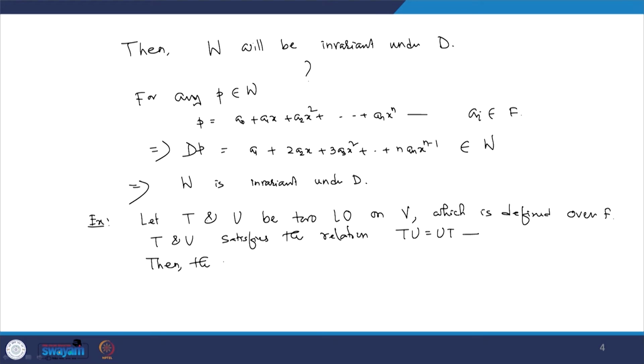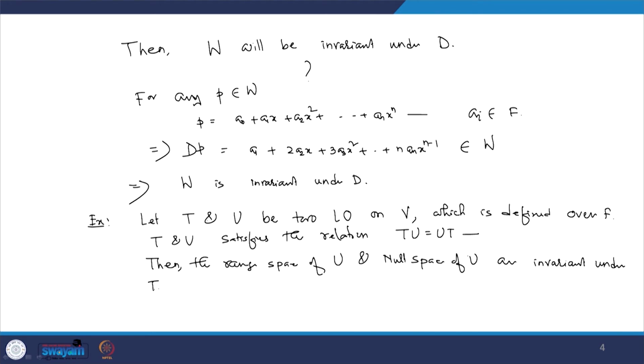the range space of U and null space of U are invariant under T. How?